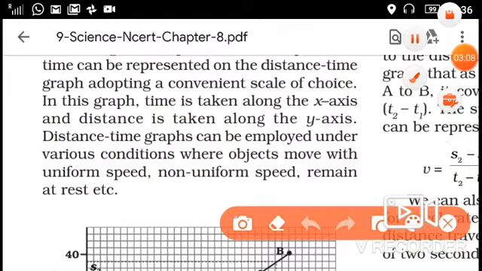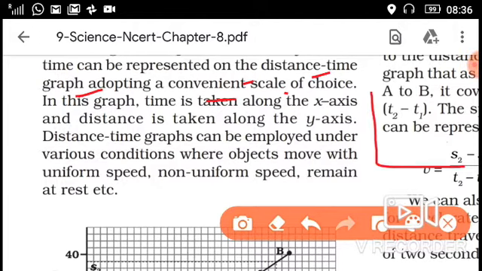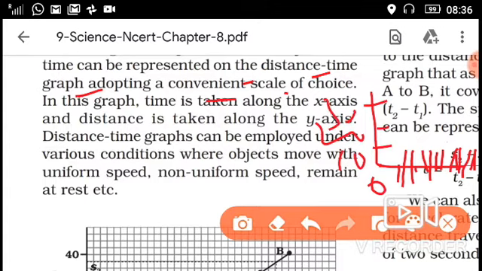Graph, adopting a convenient scale of choice. Convenient scale of choice means that when we draw this graph, we can choose the scale according to our convenience. Either 0 to 1, 2, 3, 4, 5, or 0 to 2, 4, 6, 8, 10, or 5, 10, 15, 20, or 10, 20, 30, maybe 100, 200, 300.